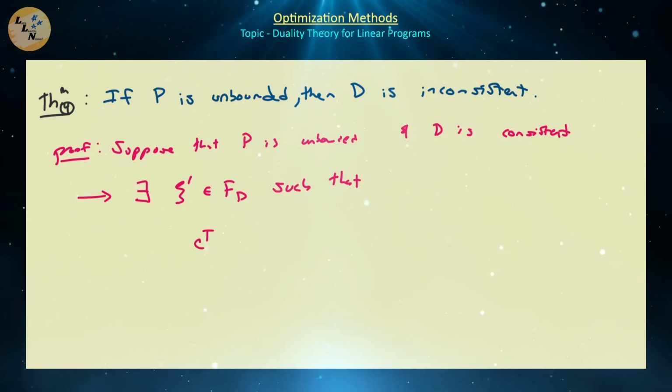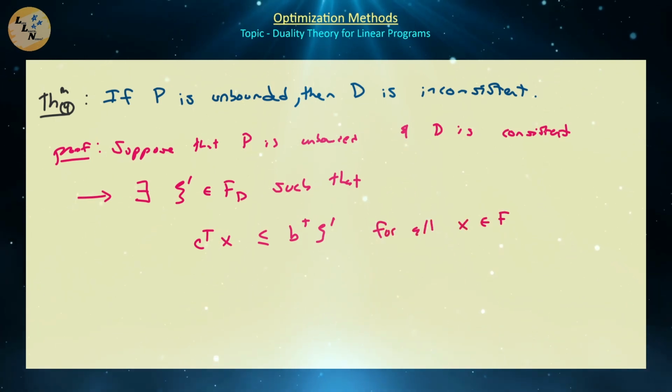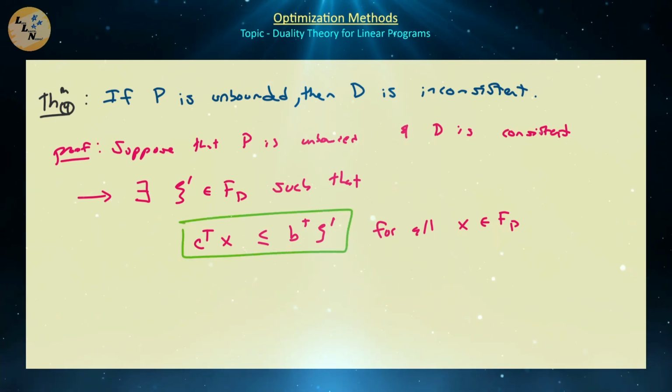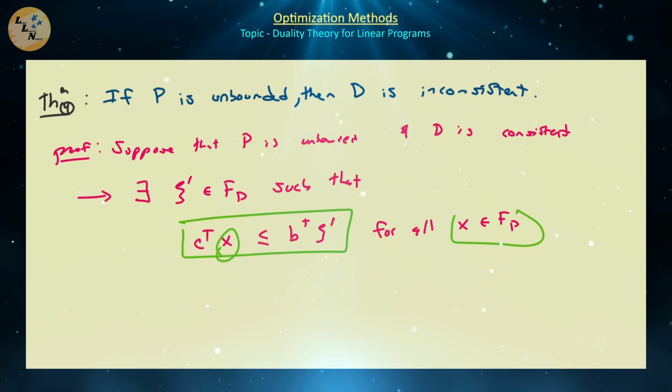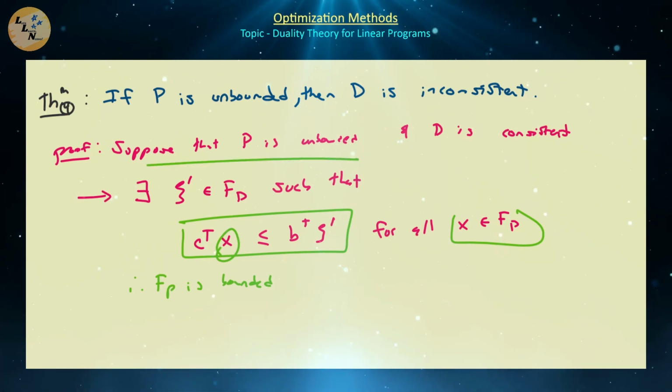In particular, c transpose x is going to be less than or equal to b transpose psi star. And this is going to be true for all x in the feasible region of P. But what exactly does this mean? So this means that any x in the feasible region is bounded above. So if that is true, that means that FP is bounded. But that contradicts the assumption that we had there, right? So that's a contradiction.